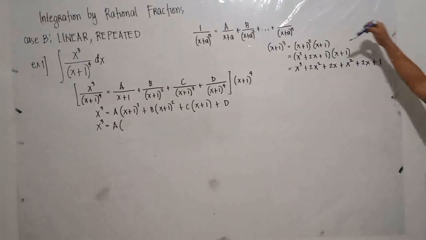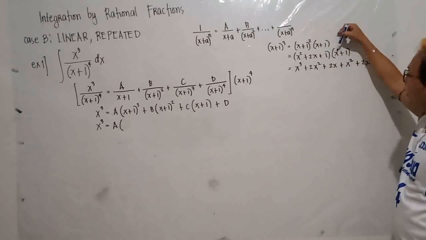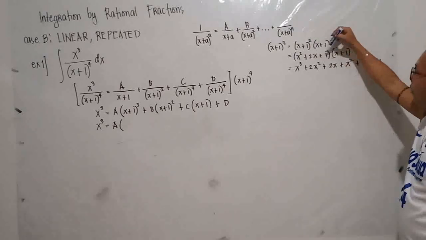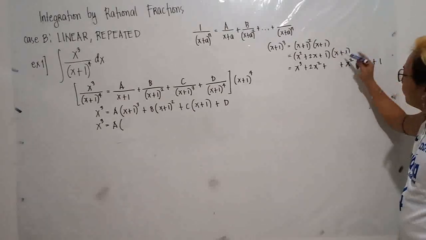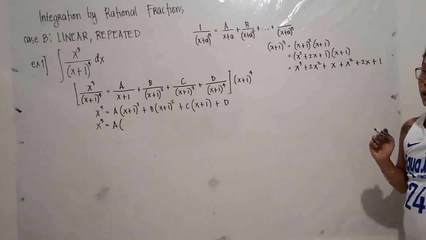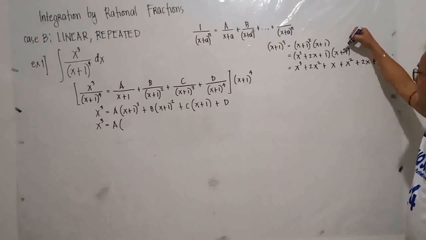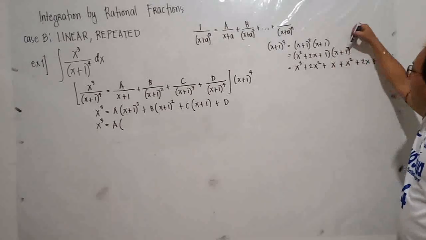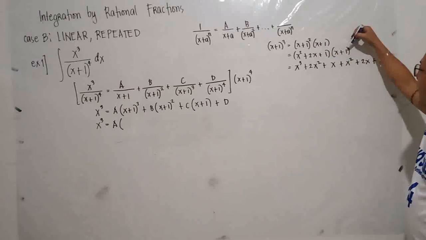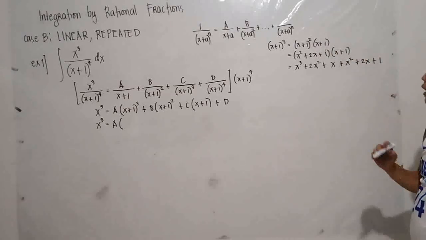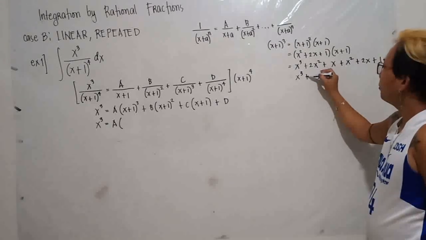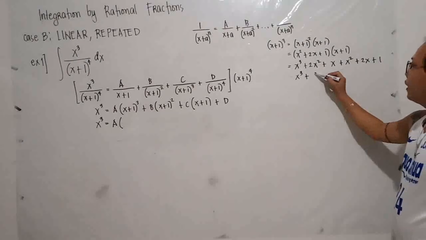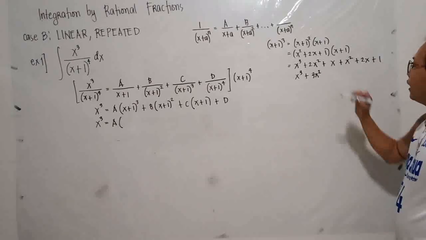Then check first. You will have x cubed, then 2x squared, then the third term must be x. Sorry for that. You will now have, then the next term is x squared, then 2x, then 1. Then simplifying, you will now have x cubed plus the x squared is 3x squared.